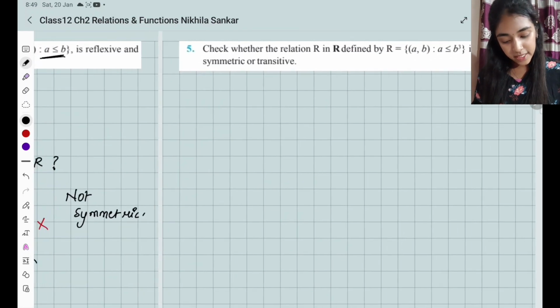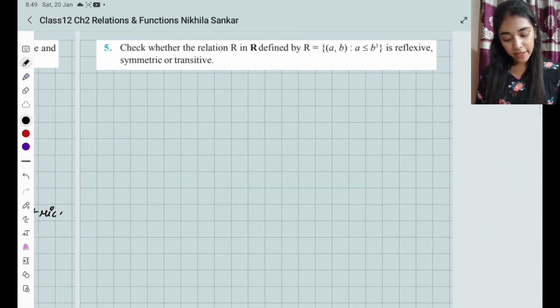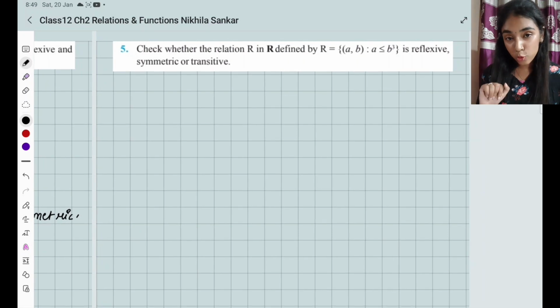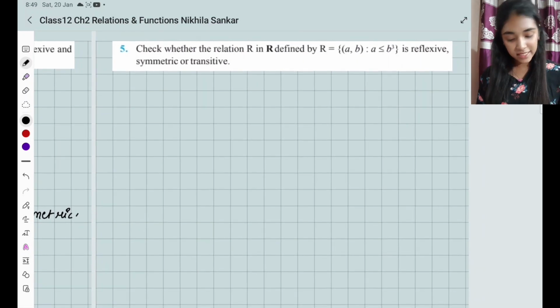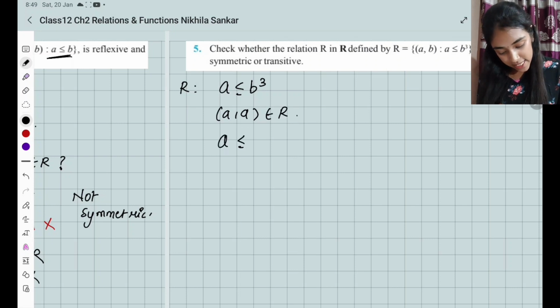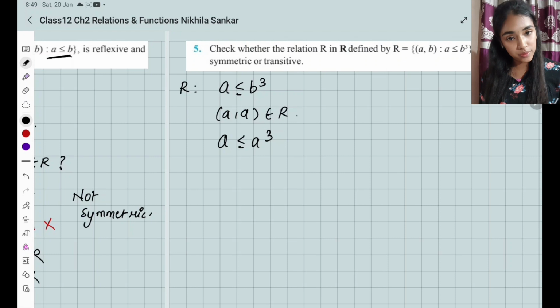Question number 5. Check whether the relation defined by a less than or equal to b cube is reflexive, symmetric or transitive. So just like how we proved for the square, in the same way here also we have to take a counter example and prove. So you have, reflexive means a less than or equal to b cube is the relation. So if it's going to be reflexive, you have a comma a belongs to R, which means a is less than or equal to a cube.